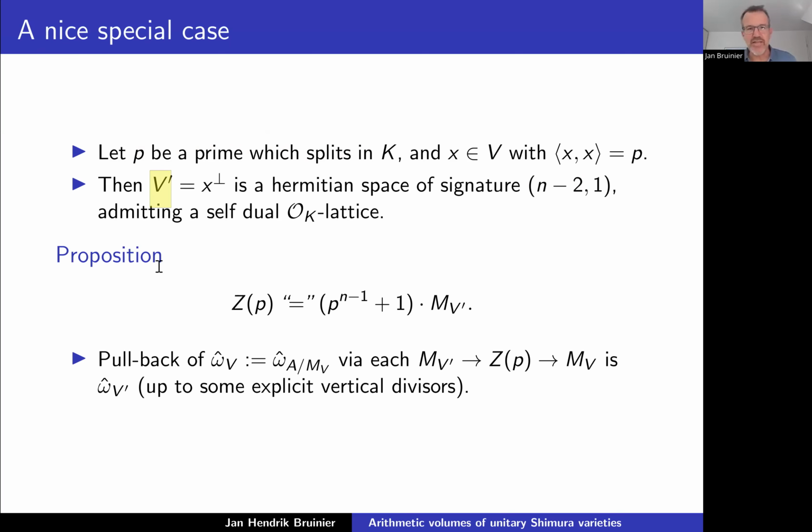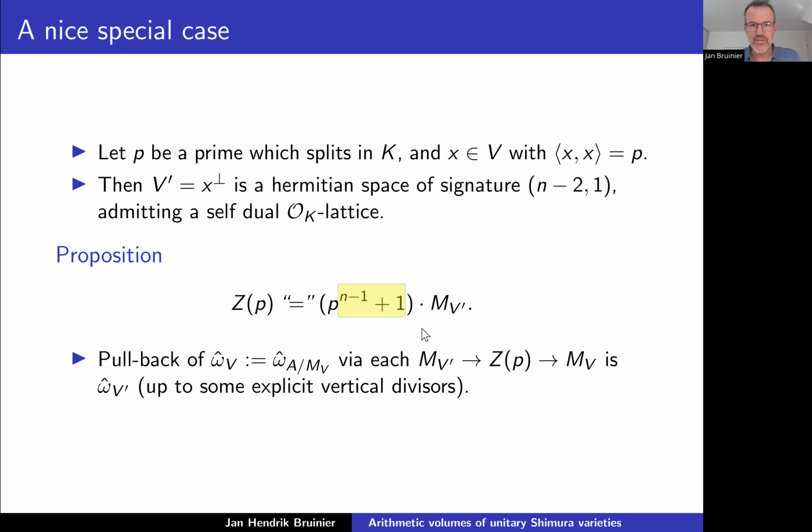And it turns out that the Kudla-Rappaport divisor of discriminant p is basically, so this is why I wrote here somehow quotes, is basically a bunch of copies of this M_V prime. And it's somehow p to the n minus 1 plus 1 copies of this M_V prime.